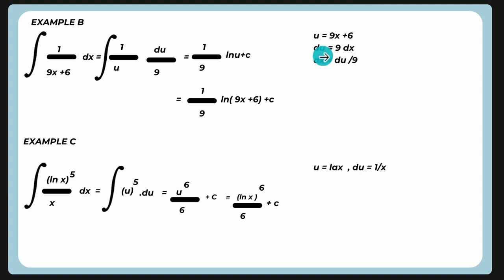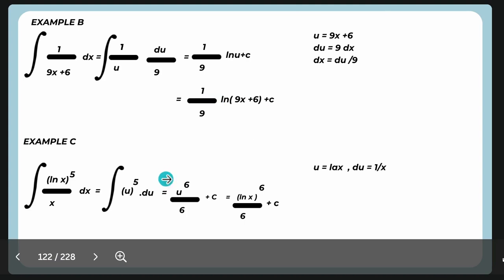So in this case, it will be equal to du over 9. So simply, you put all the values that you found here, which is 1 over u times du over 9, which is 1 over 9 times ln u plus c. So 1 over 9 times ln of 9x plus 6, plus c.